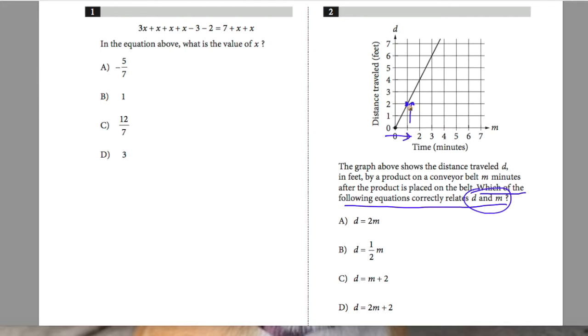I'm going to pick a point that's solid on the graph that's easy to illustrate. I know that this is my rise over my run for 2 over 1. I'm actually even still writing more than I normally would do. And I also see here that it's passing through the origin, which means that my b is actually going to be equal to 0. And A is going to be my best possible answer.